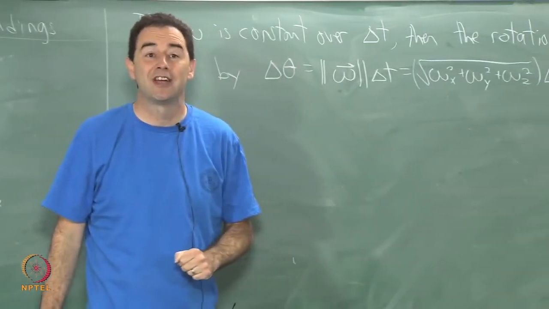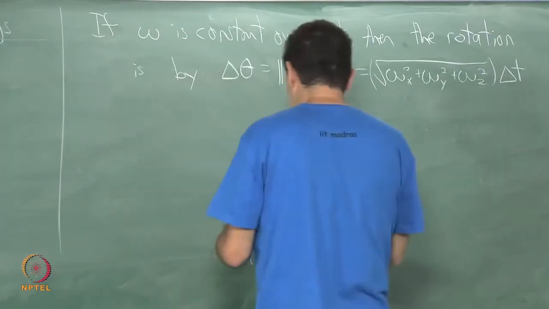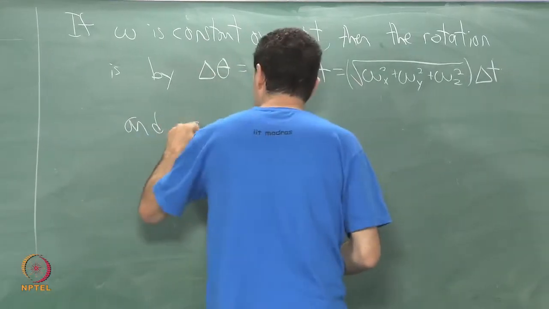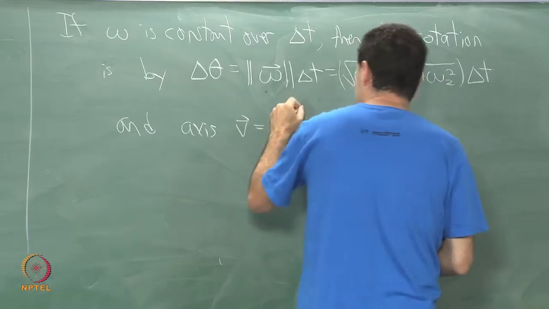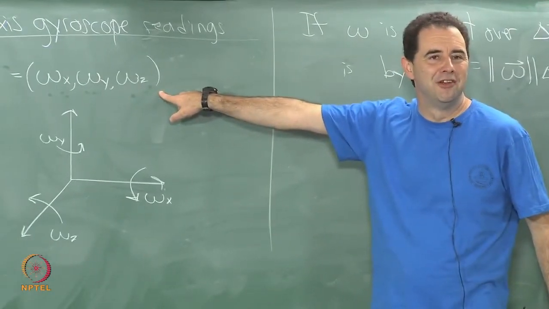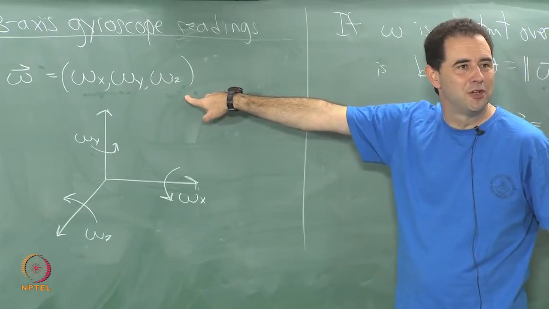But the question is, what's the axis? And what's very interesting about this is that the axis, say v, is just taking this vector and normalizing it. So the direction of this vector is already the instantaneous axis of rotation.